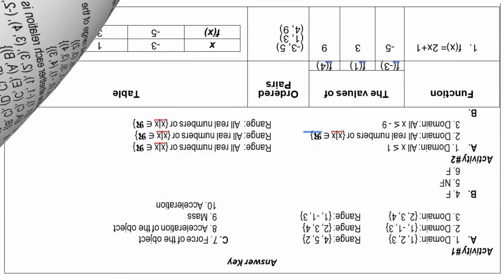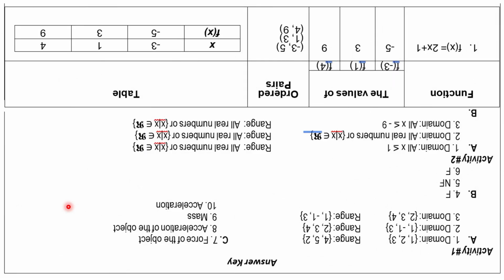As you can see in your module or learning activity sheet, I provided an answer key. So for activity number 1, there is an answer key, but answer it first so you can check yourself if you understood. Then for activity number 2, there is an answer key for the activity after the discussion in week 4.